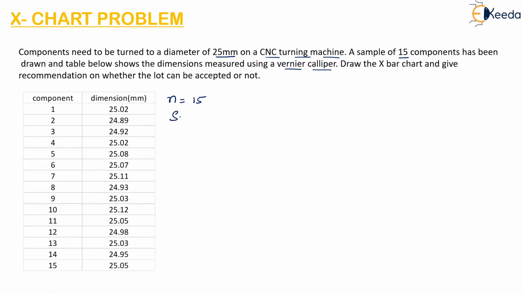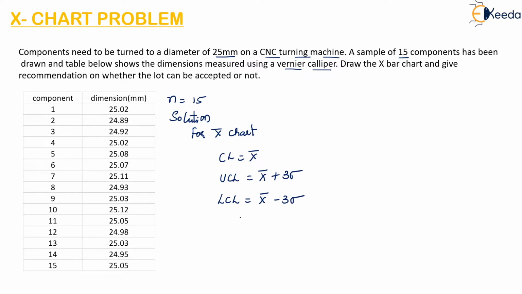Now the solution. For the X bar chart, we have to find the control limits. The upper control limit is X bar plus 3 sigma, so you have to find the X bar value and the sigma value. The lower control limit is X bar minus 3 sigma.